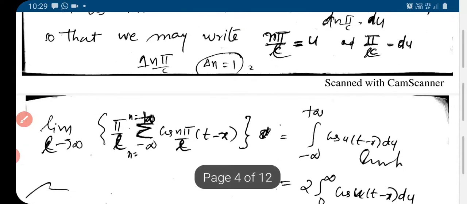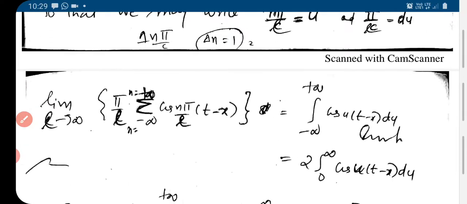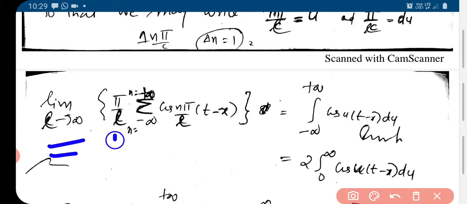So what we can write is this: sigma, limit L tends to infinity, pi by L is du, and this factor, sigma n equal to minus infinity to plus infinity, we are actually converting into an integral.